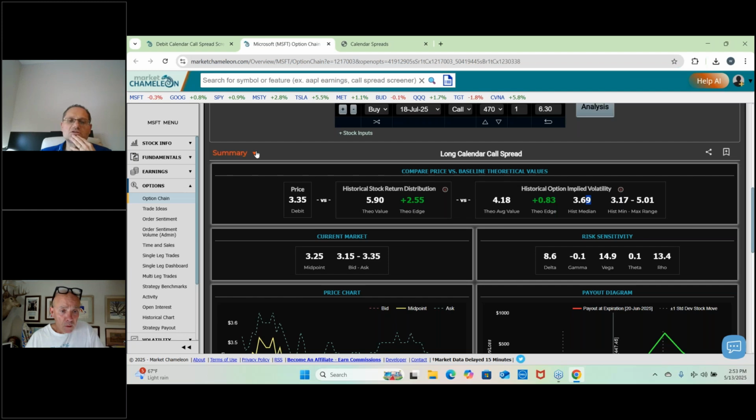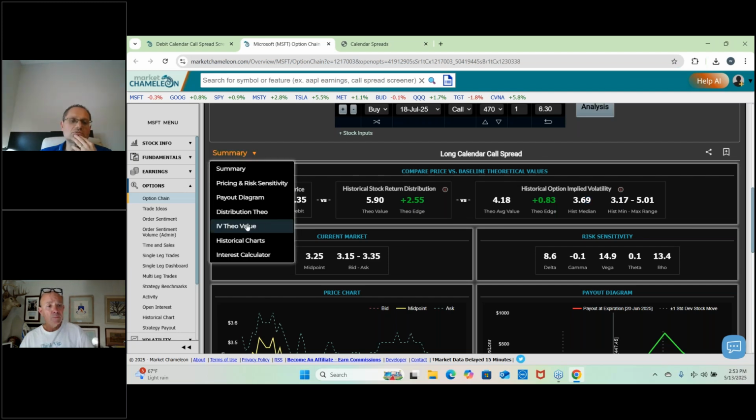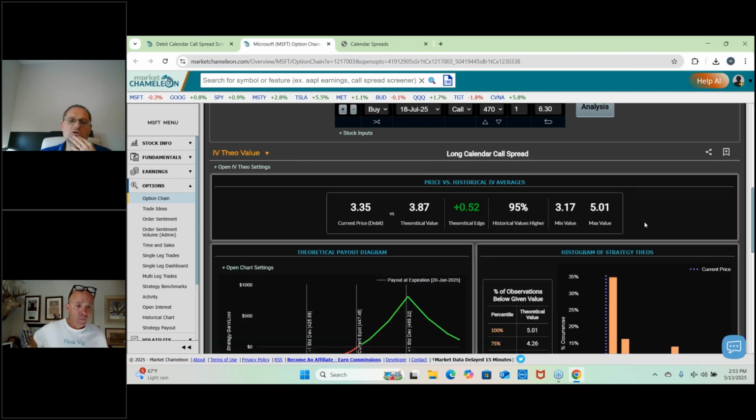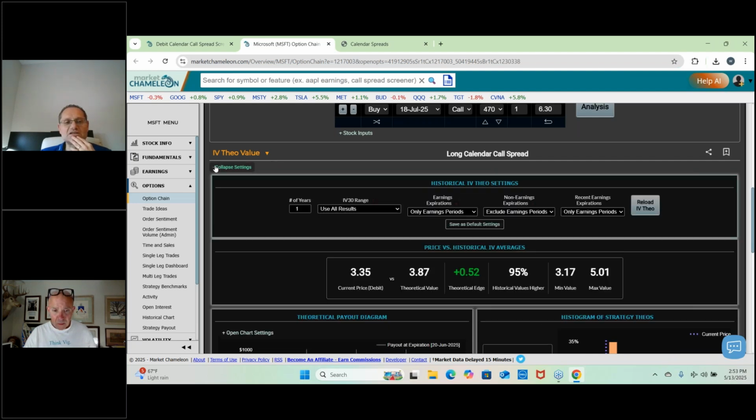Let's come to the ibkr. I know it's deep in here, but go to the settings, and you can play around with the number of observations. We have it by number of years, so 1 year, 2 years, 3 years. We just have it set to how far back you want to go.